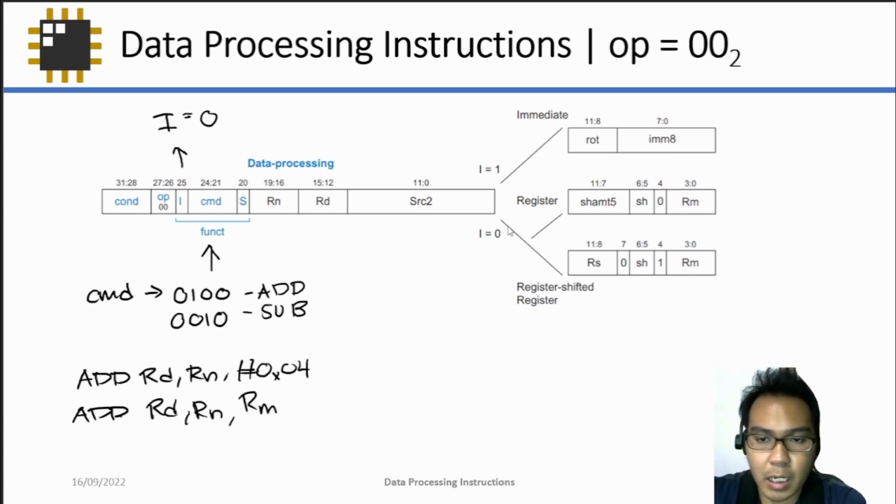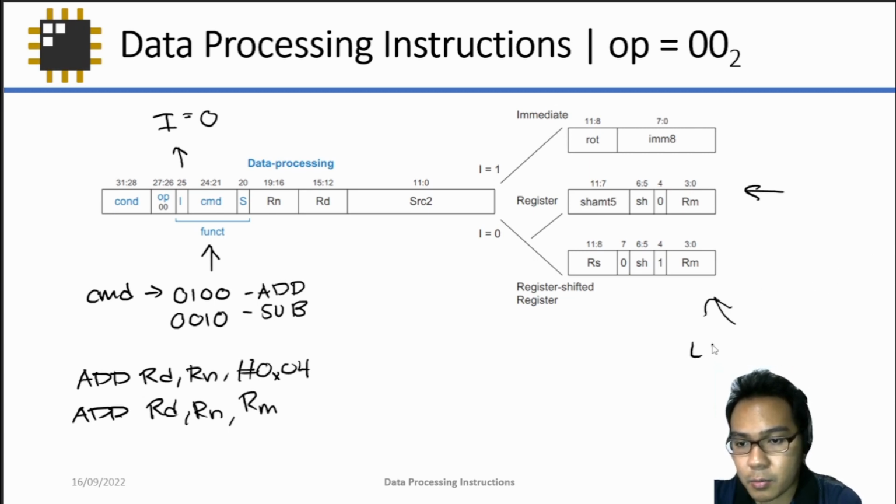So actually, for our purposes for now, the difference between register and register shifted register is just that whenever it's a shift instruction, it's register shifted register. For example, right here, we have left shift logical RD, RM, and RS.